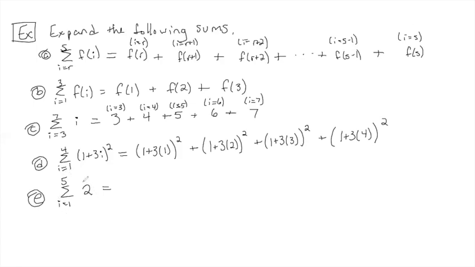What is 2 equal to when i is equal to 1? Up here in part C, when i equals 3, the function gives 3, and when i equals 4, it gives 4. When i equals 1, that function equals 1 plus 3 times 1 squared. But in this case, 2 doesn't depend on i. So when i equals 1, I just get 2.